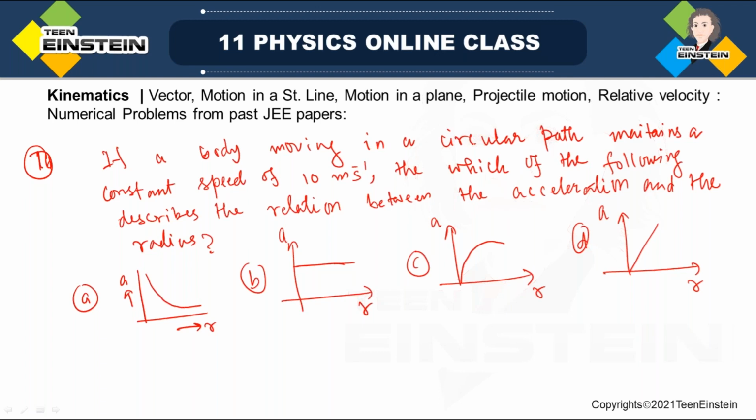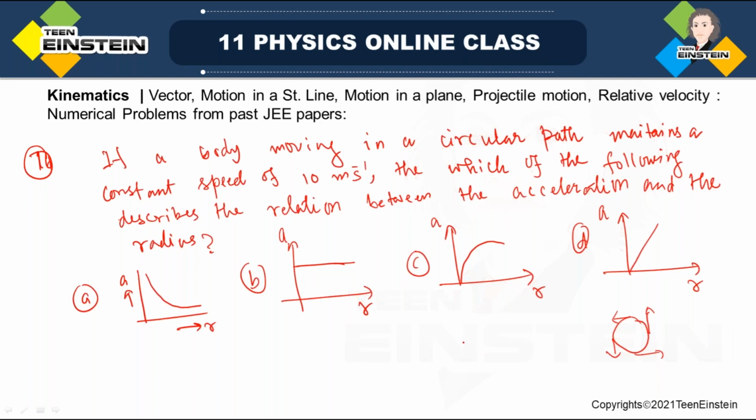See, a body is moving in a circular path and maintains a constant speed of 10 meter per second. Here there are no values needed, so no need to worry about the 10 meter per second. It is true that the linear velocity or the speed will be constant, but the direction will change. That's why the centripetal acceleration will arise.